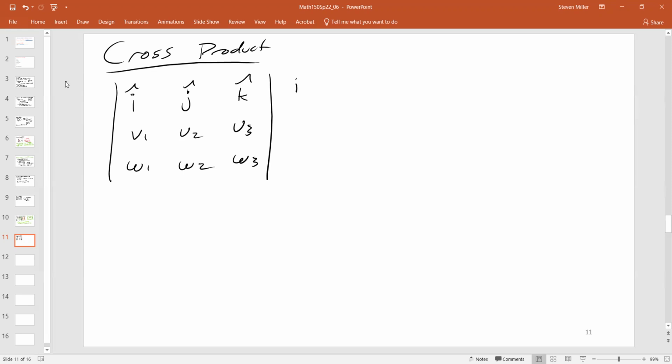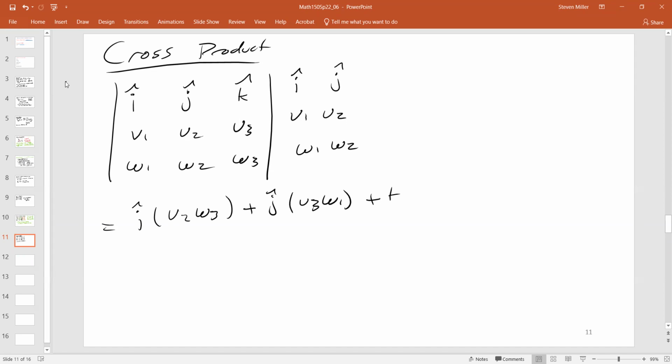So we write again, i hat, j hat, V1, V2, W1, W2. And then we do the product. So it's going to be i hat, and when we go down, it's V2 W3, plus j hat, V3 W1, plus k hat, V1 W2.